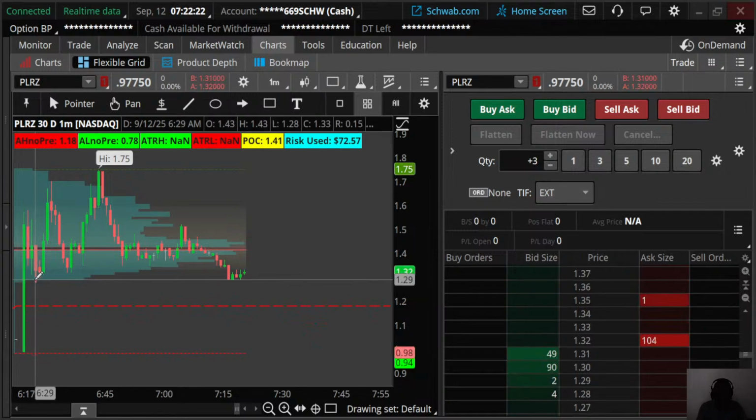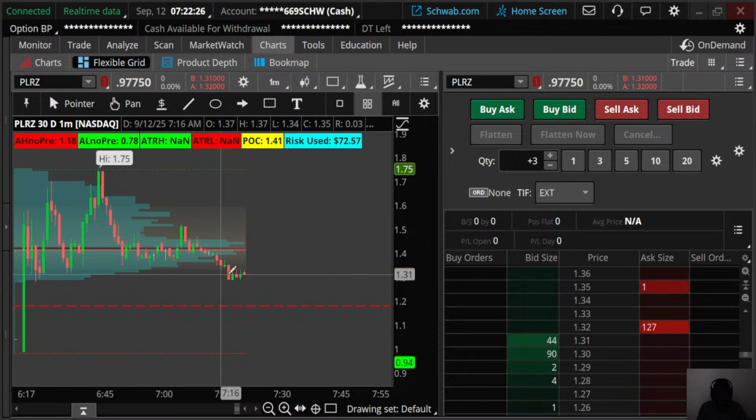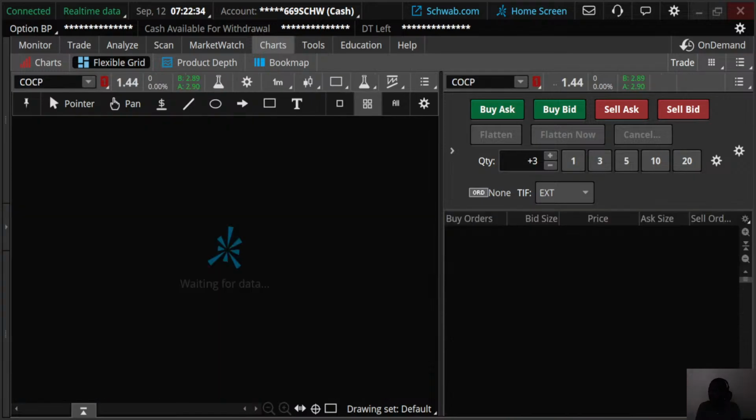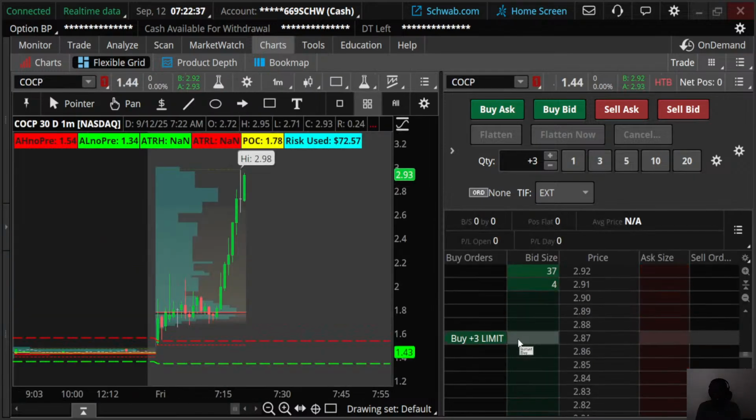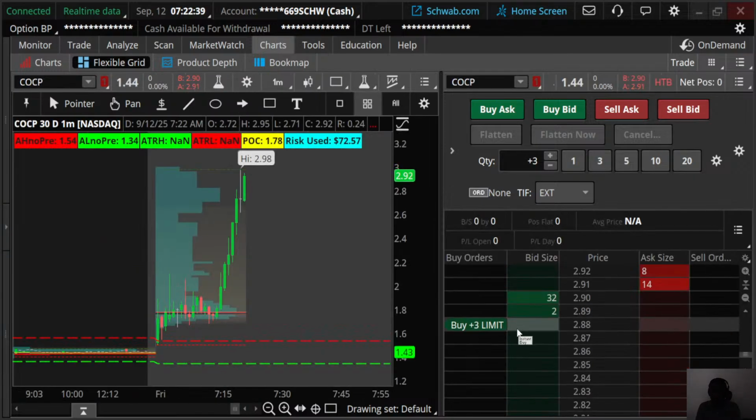All right, PLRZ continues to just flat line right here above this ending level of the 128s. COCP pumping on up there a little bit.